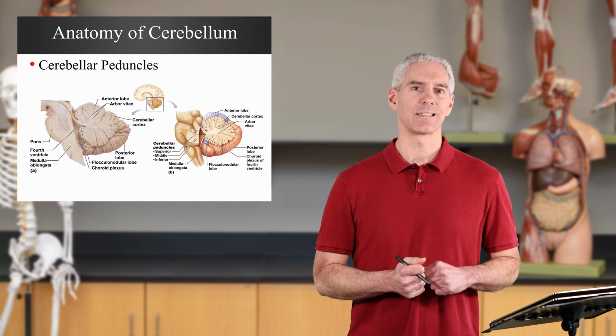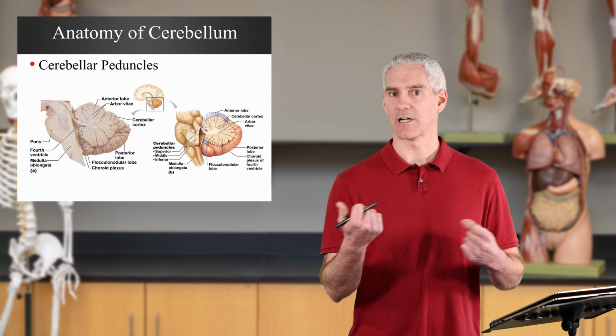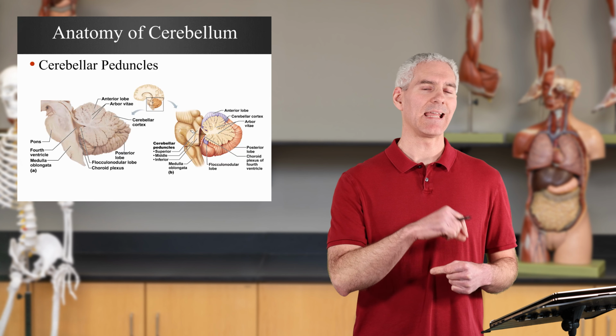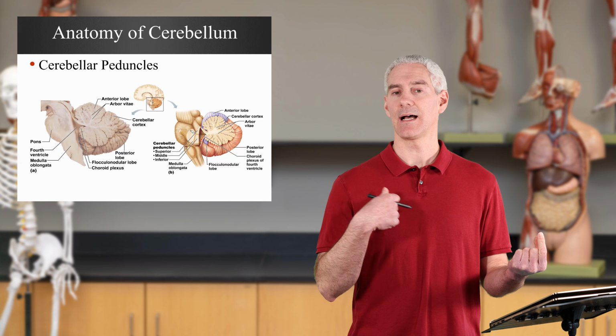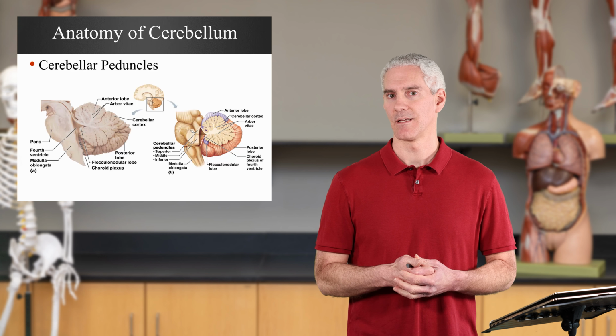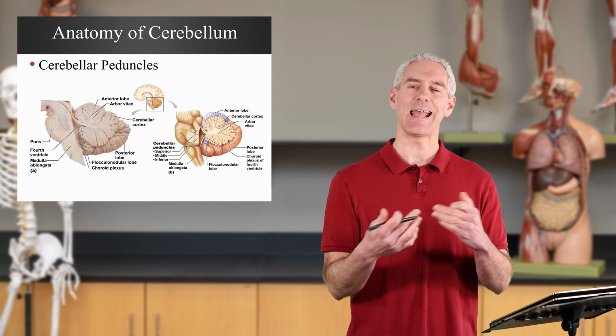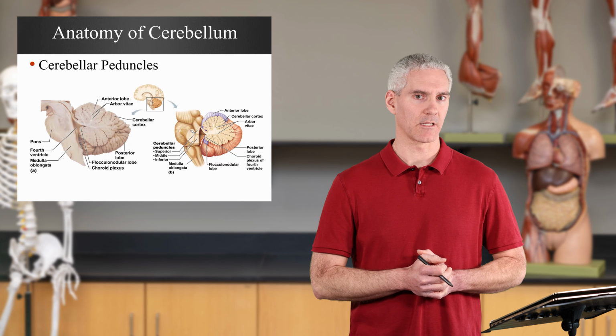The middle cerebellar peduncle connects the pons to the cerebellum. And the inferior cerebellar peduncle connects the medulla oblongata to the cerebellum. Again, the three connection points allowing information to travel in and out of the cerebellum are going to be the three cerebellar peduncles.